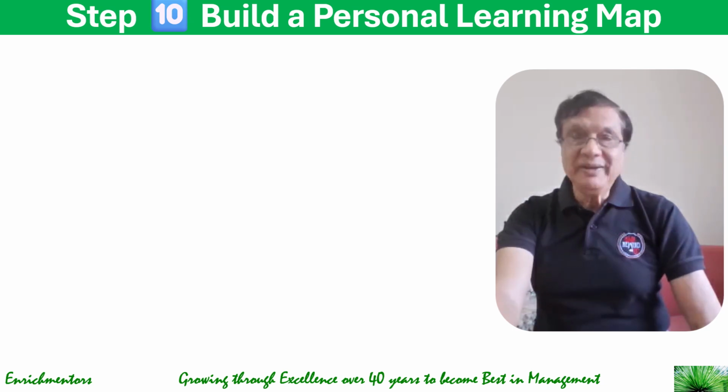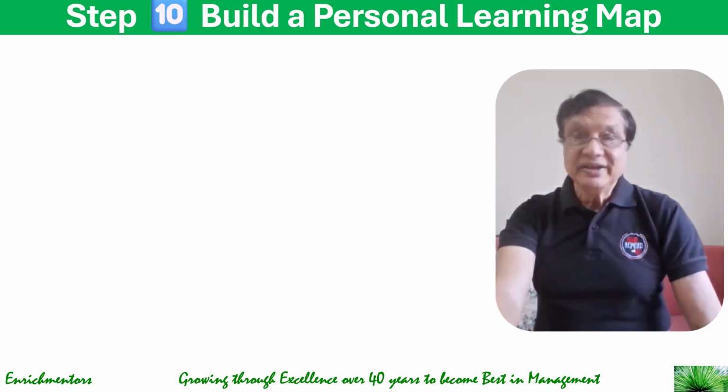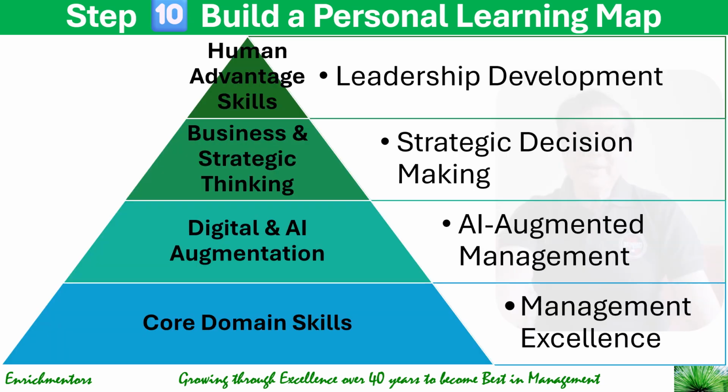Then you are ready to build a personal learning map. Say, for example, you could be building leadership management excellence in layer 1, you could be doing AI augmentation management in layer 2, you could be doing strategic decision making in layer 3, and leadership development in layer 4.